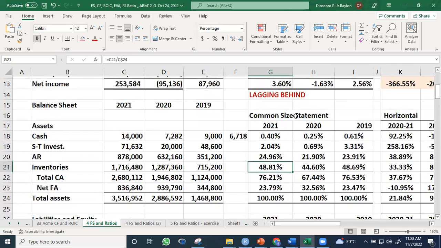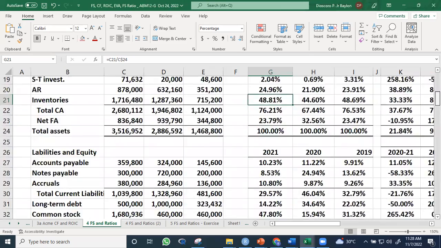Ibig sabihin, yung current assets natin, yung more liquid, yung cash, short-term investments at saka AR, they only account for around 28%. Around 28% lang kasi if we add this, around 26%, 27%. So mas malaki pa yung inventories kaysa dun sa other current assets.